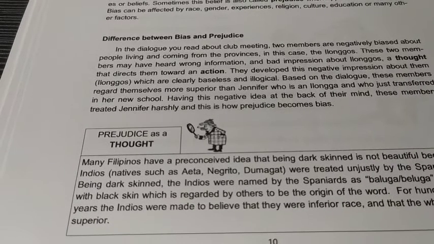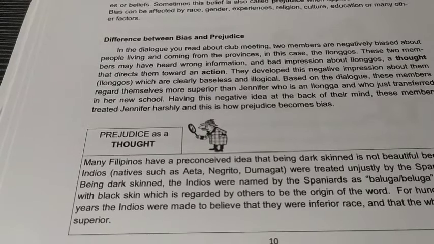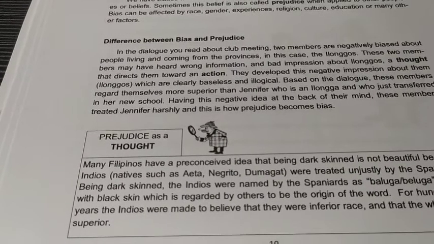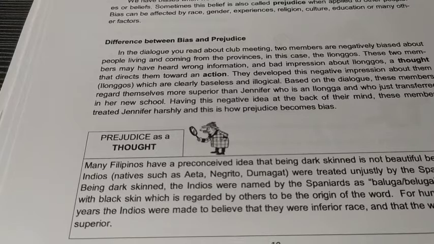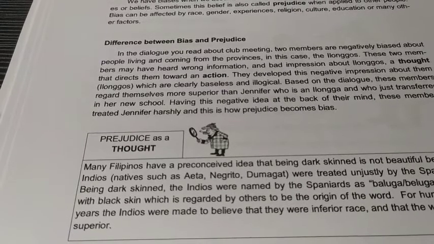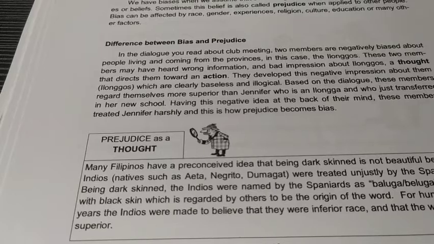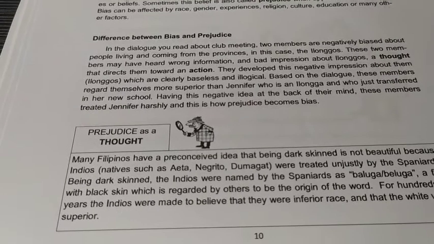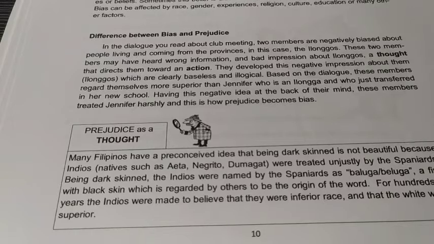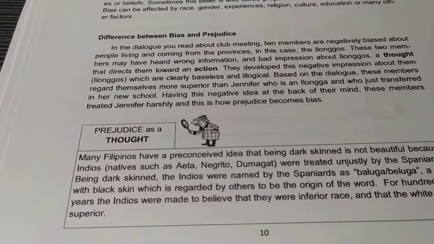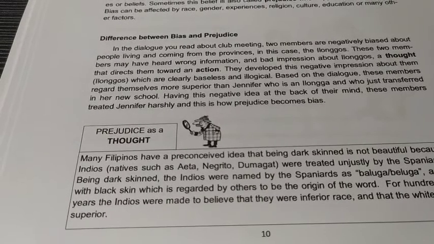So if we respect ourselves, we will behave, we will be respectful, and we are open to accept other people even if they are different from us, and that is still part of respect. No matter what skin they have, no matter what race they belong to, no matter what religion they are believing in.